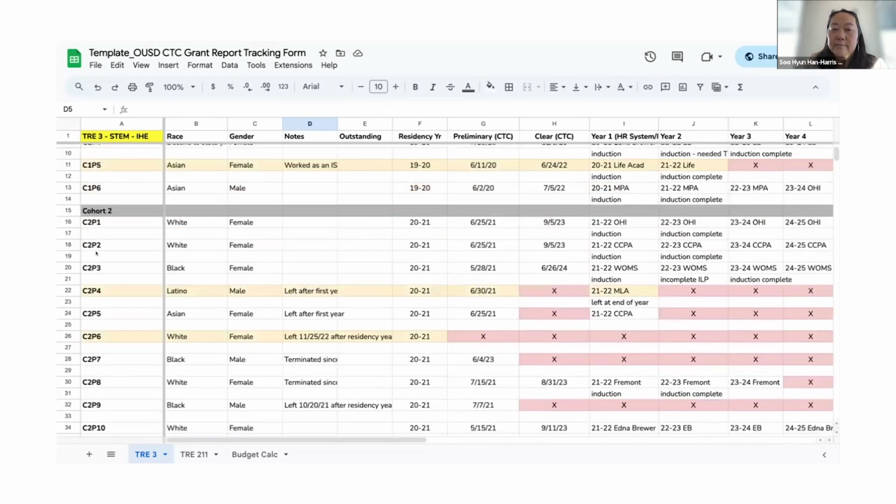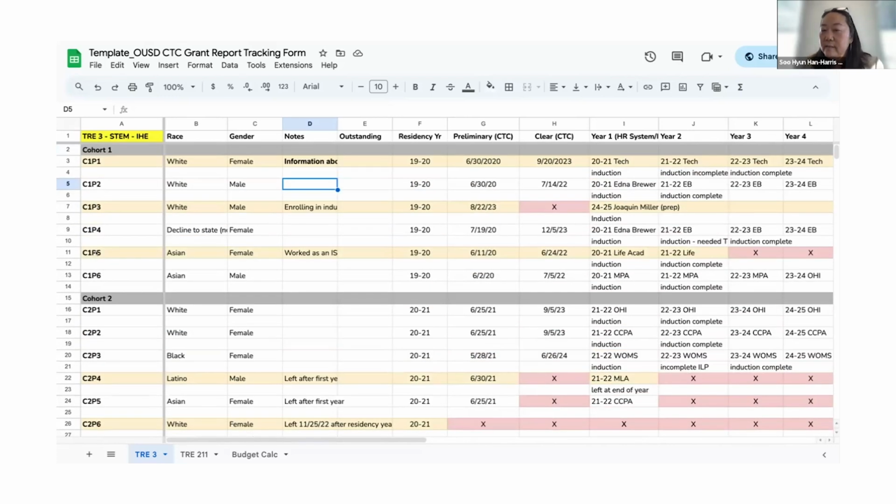And then I like to track demographics, because one of the goals that we have as part of this residency and also in the district is that data has shown that students who are taught by educators who reflect their critical identities tend to fare better in the classroom. And so that is definitely a value of ours that's driving our program.